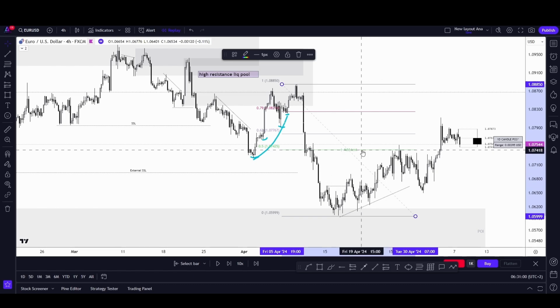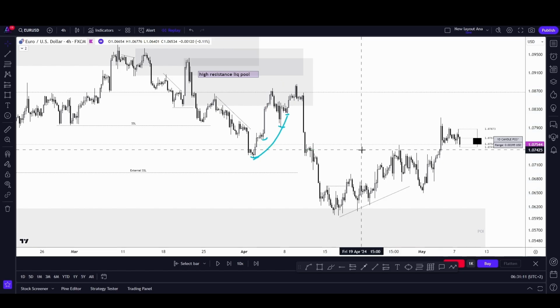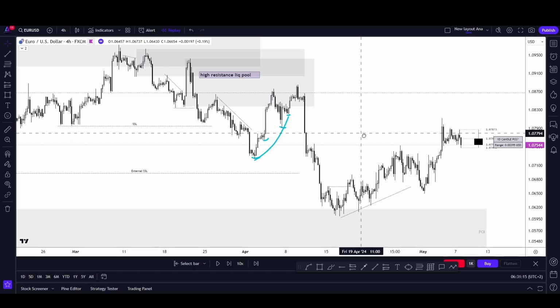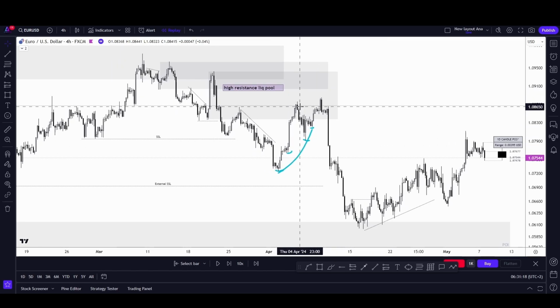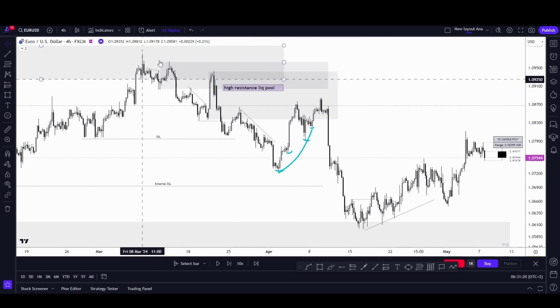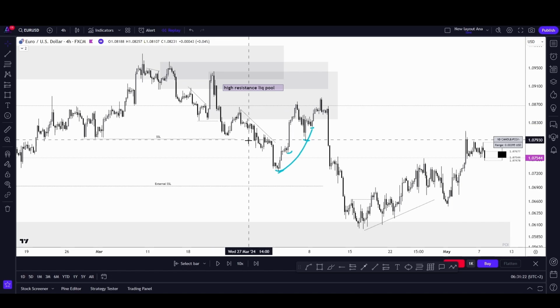So this way you will know how to create ideas and you will know how to spot which one is a higher probability trade and which one is a lower probability trade. And once again, I will repeat, the ones that we want to take are the ones that will play smoothest and fastest, which will be the ones that are following the higher time frame structure and the order flow.